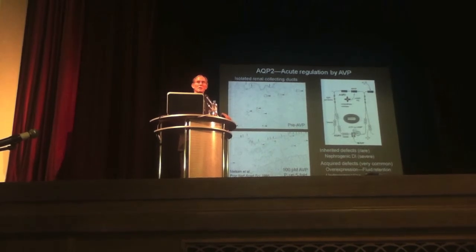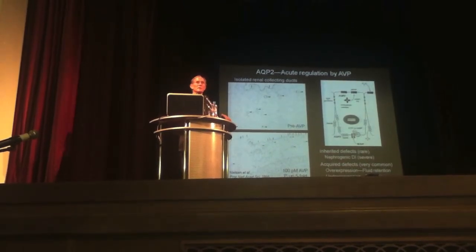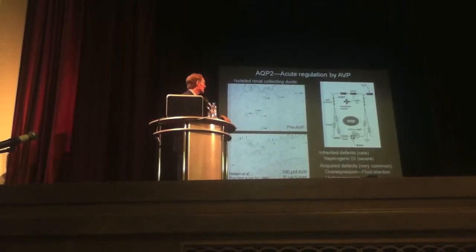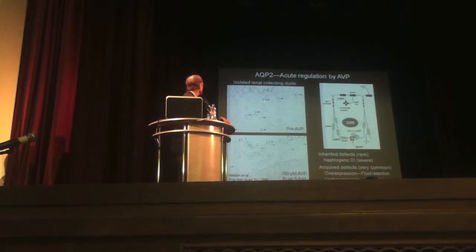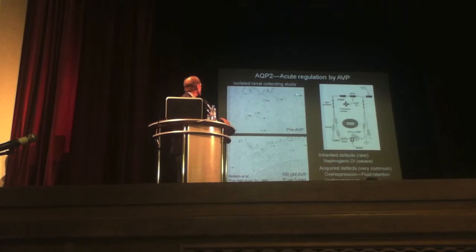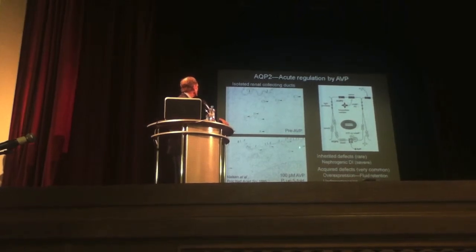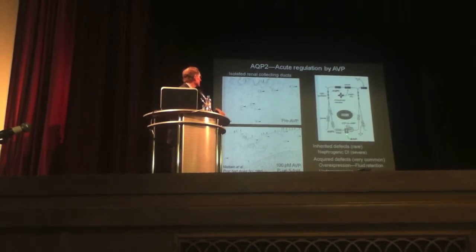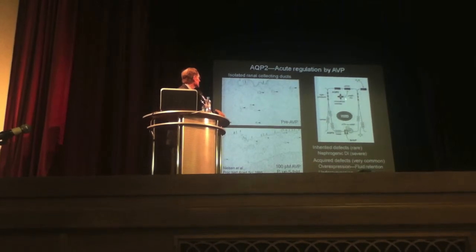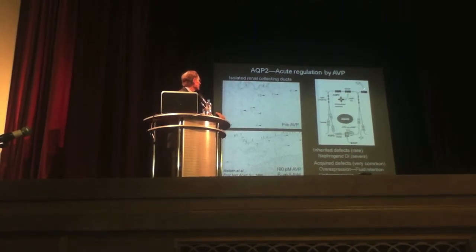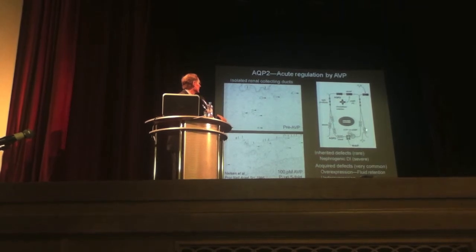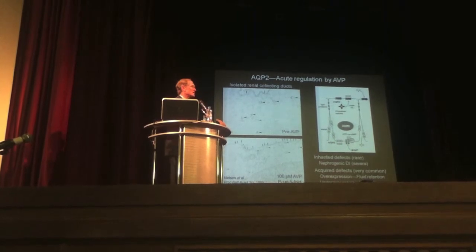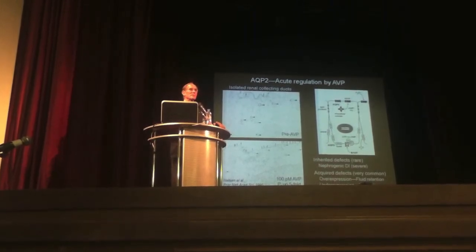And the answer is that a homolog, known as aquaporin 2, similar but not identical to aquaporin 1, a separate gene, is present in renal principal cells in submembranous vesicles in a basal state, but it is transported to the cell surface by vasopressin. So vasopressin, I won't go through the biology here, goes through a receptor and leads to a phosphorylation and exocytosis, so water permeability occurs. But look, the lateral membrane does not contain aquaporin 2, it contains aquaporin 3 or aquaporin 4, so in concert, these work together.